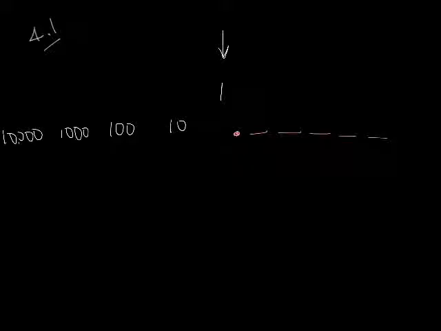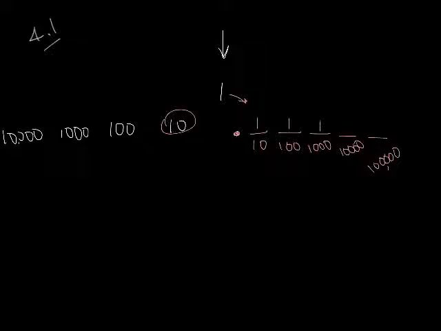And just like we put a 0 on the 1 there, when we go over 1 this way, we put a 0 on the 1 there, and a 100, and a 1,000, and a 10,000. Whoa, I'm going to run out of room here. And then 100,000. Okay, the only difference is there's a 1 here, and these become fractions. 1 over 10, 1 over 100, 1 over 1,000, 1 over 10,000, 1 over 100,000.